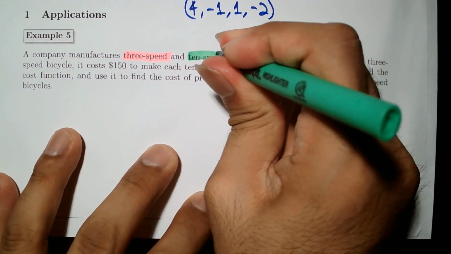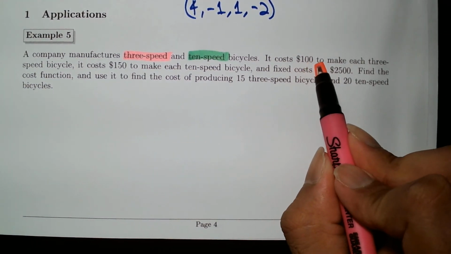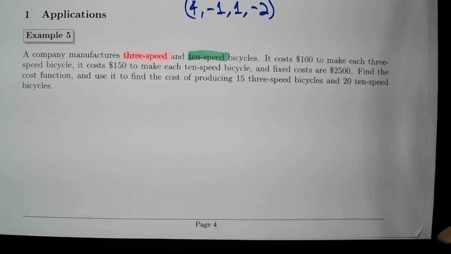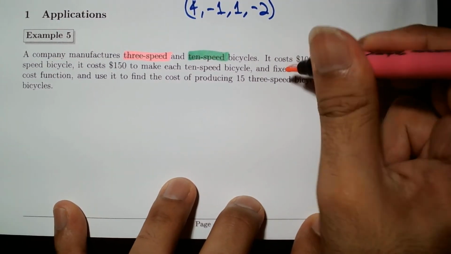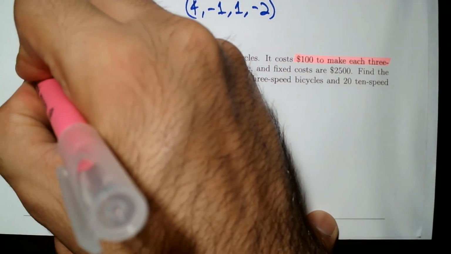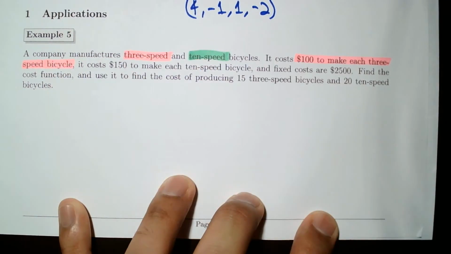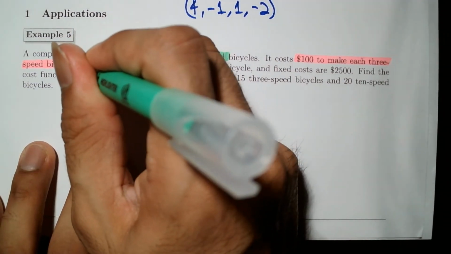There's this company manufacturing these two types of bicycles. So it costs $100 to make each 3-speed. Okay, let's highlight with the corresponding color. And it costs $150 to make each 10-speed bicycle.